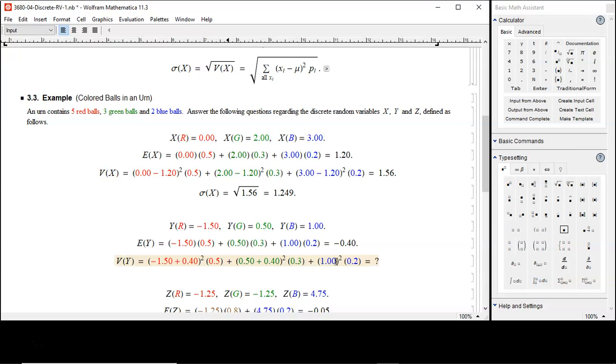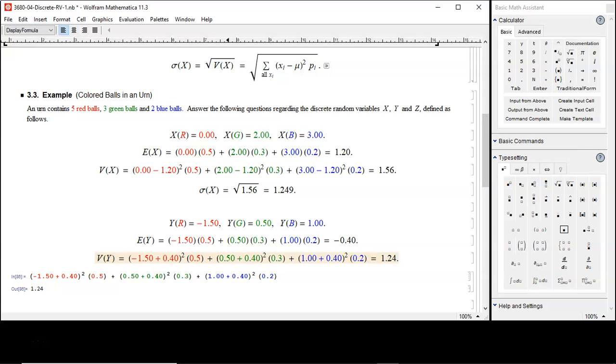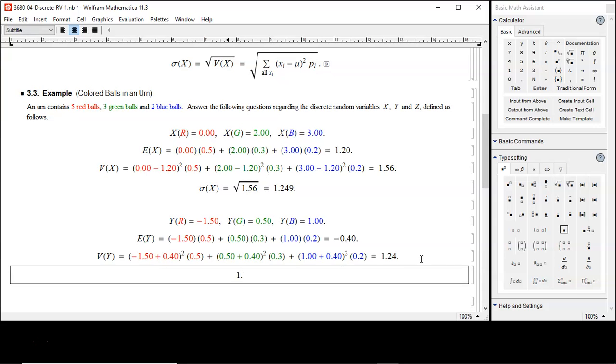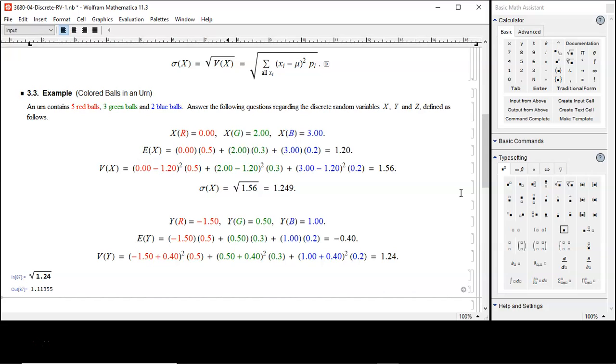And then all I have to do is to calculate this expression, 1.24. Don't pay too much attention to how to calculate that part. So the square root of 1.24, yeah, okay.